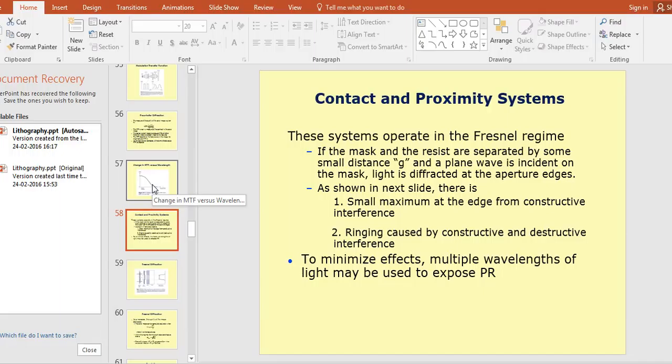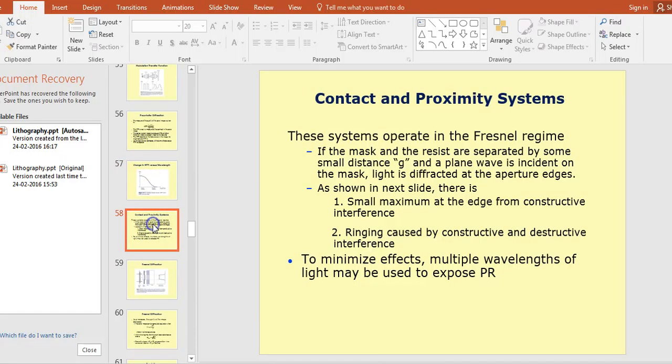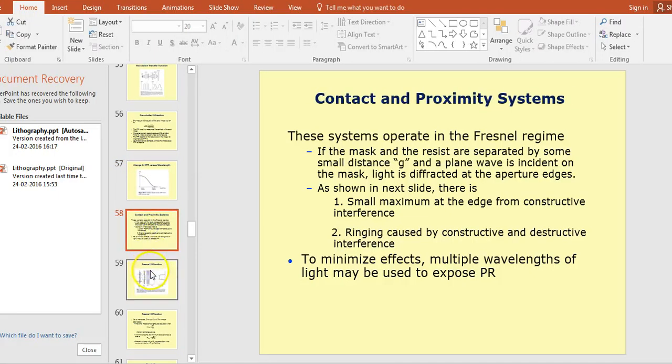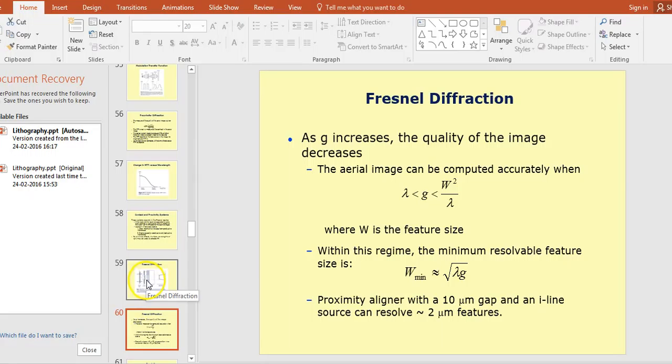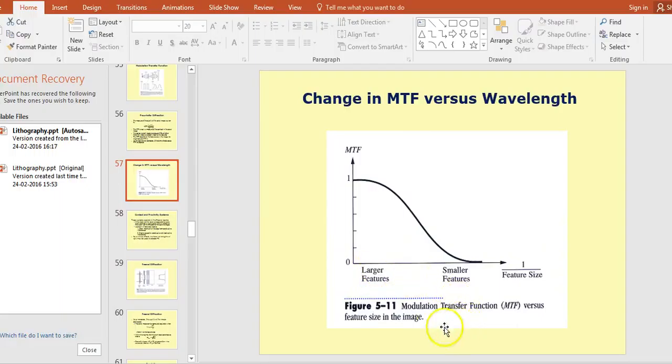So ideally it should be the same as it was in the contact printing, but because of the diffraction involved in projection printing, we cannot neglect this, but we can optimize this by optimizing the distance between the mask and the wafer. So we need to keep the value of the modulation transfer function between 0.5 to 1. Ideally it should be 1, but anything greater than 0.5 will be okay.